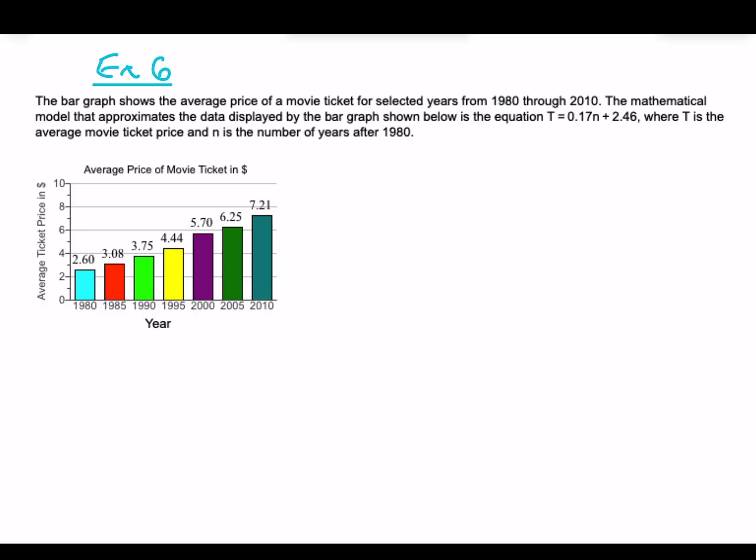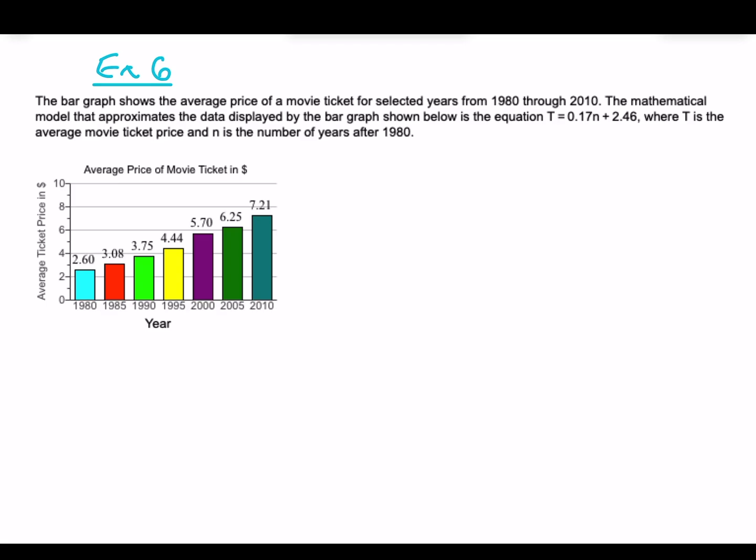In our last example of the section, I pulled this example directly from your textbook. Example 6, the bar graph shows the average price of a movie ticket for selected years from 1980 through 2010. The mathematical model that approximates the data displayed by the bar graph shown below is the equation t equals 0.17n plus 2.46, where t is the average movie ticket price and n is the number of years after 1980.